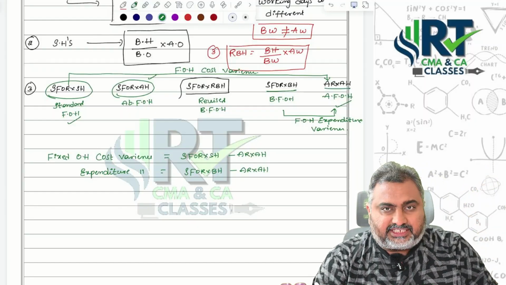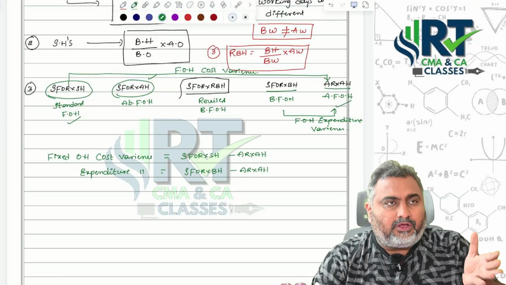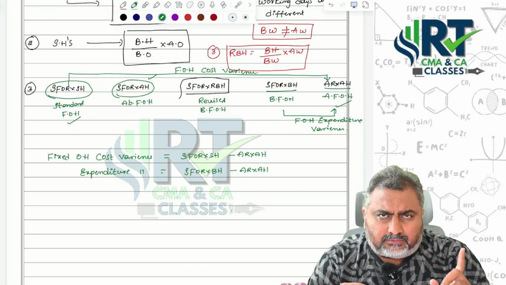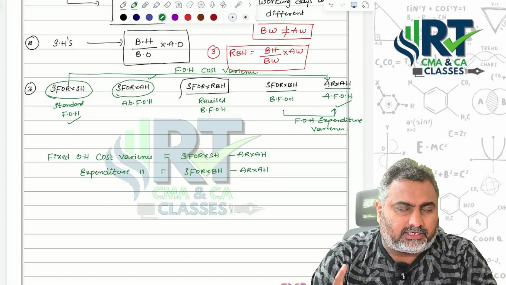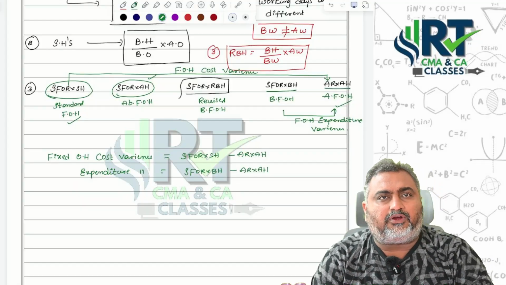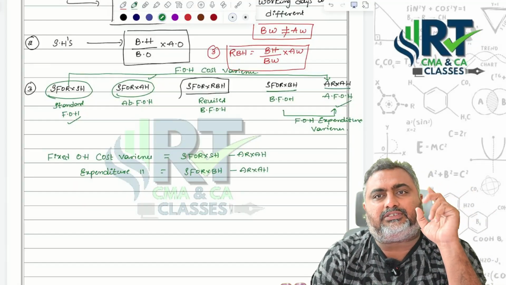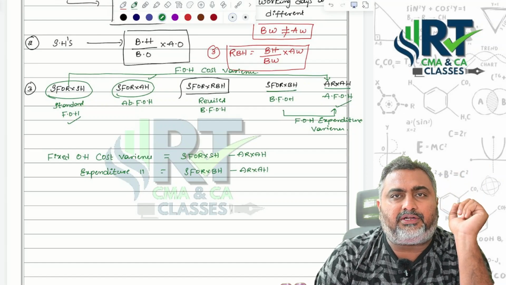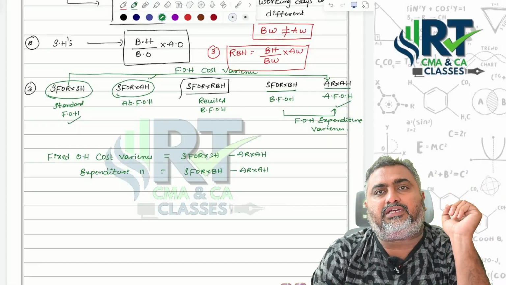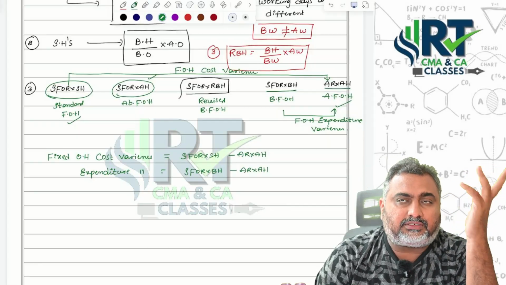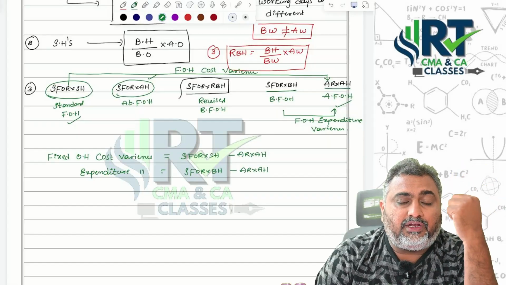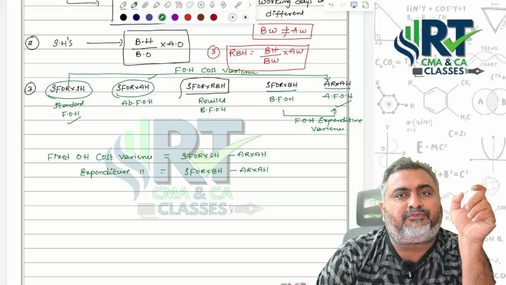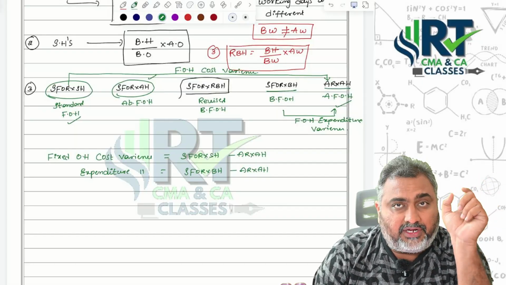How much I estimated from an expenditure point of view, and how much I actually incurred. When it comes to material and labor variances, standard versus actuals come into the picture. Whenever it comes to overheads, budget versus actuals come into the picture. Why? Because the budget is more useful for overheads, since estimating indirect expenses is very difficult.